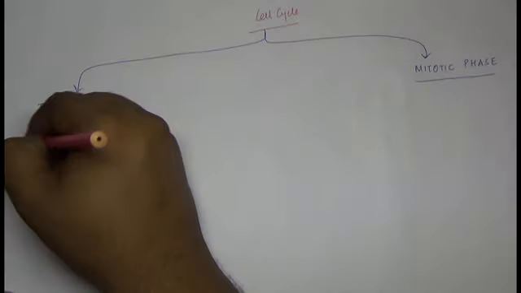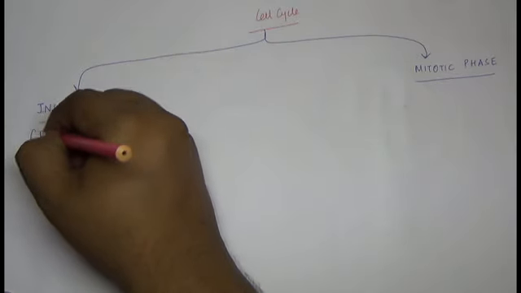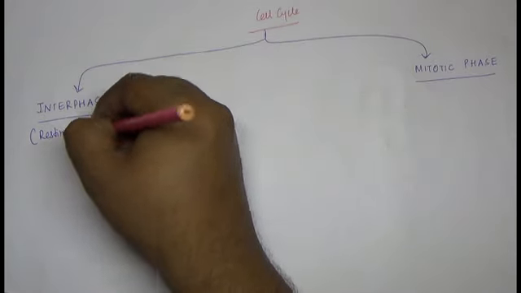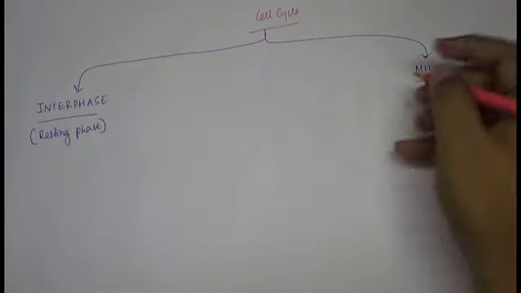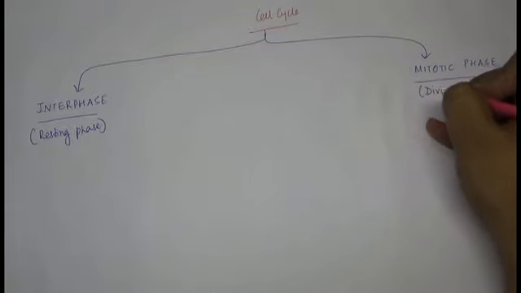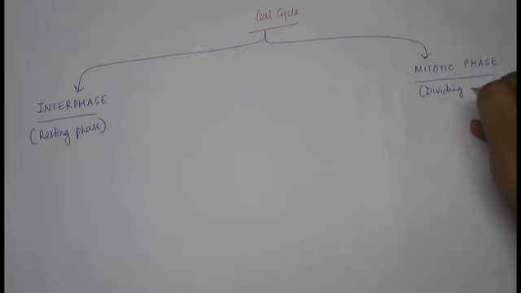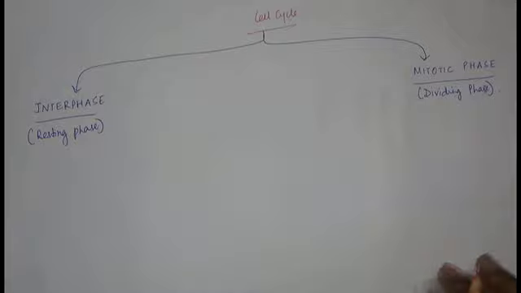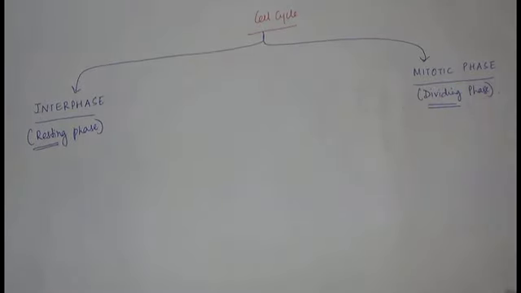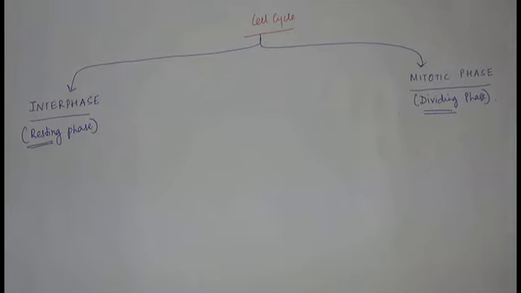The interphase is also called the resting phase, and the mitotic phase is called the dividing phase. Though we are calling it resting phase and dividing phase, the meaning is not very clear.